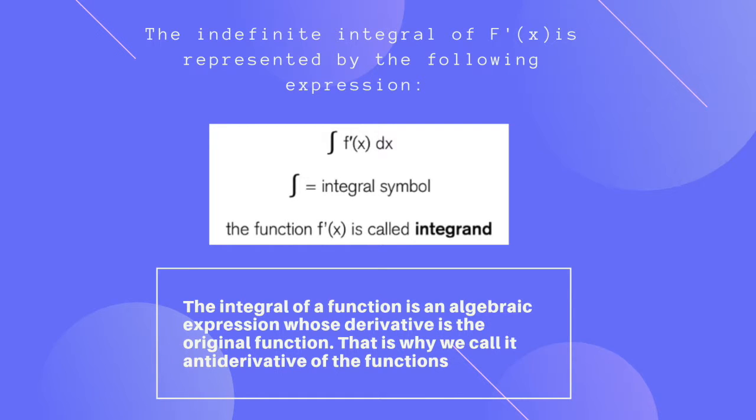The indefinite integral of f(x) is represented by the following expression. The function f(x) is called the integrand. The integral of a function is an algebraic expression whose derivative is the original function. This is why we call it the antiderivative of the function.